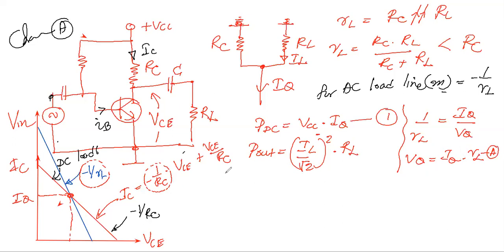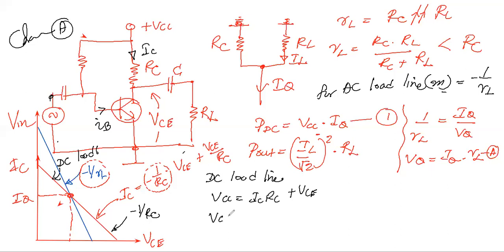And similarly, for the DC load line, you can write down VCC equal to ICRC plus VCE. And then you can write down this one something like this.